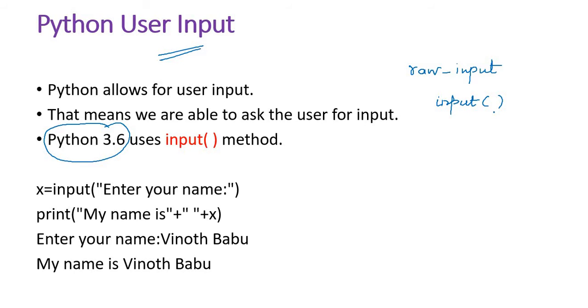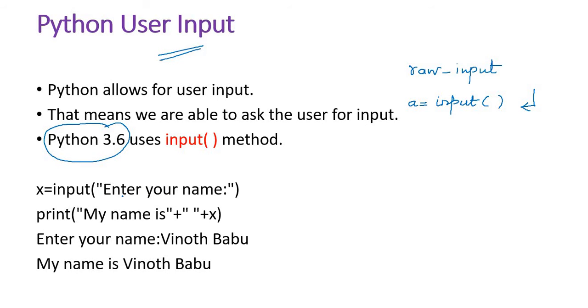Whenever this is included in the program, when you execute the program, the program requires the input. You need to feed the corresponding input, whatever is asked, then the program executes based on the received input. For example, here you just see x is equal to input, enter your name.